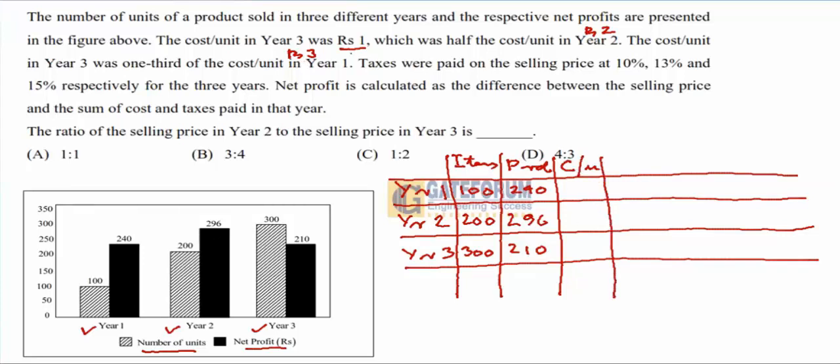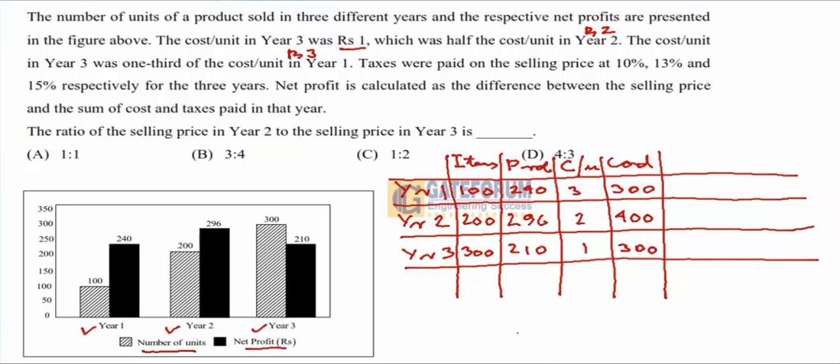This is rupees 3, this is rupees 2, and this is rupees 1. So it is 3, 2, 1. Now the total cost, let us quickly find it out. 100 into 3 would be 300. 200 into 2 would be 400. And 300 into 1 would be 300.